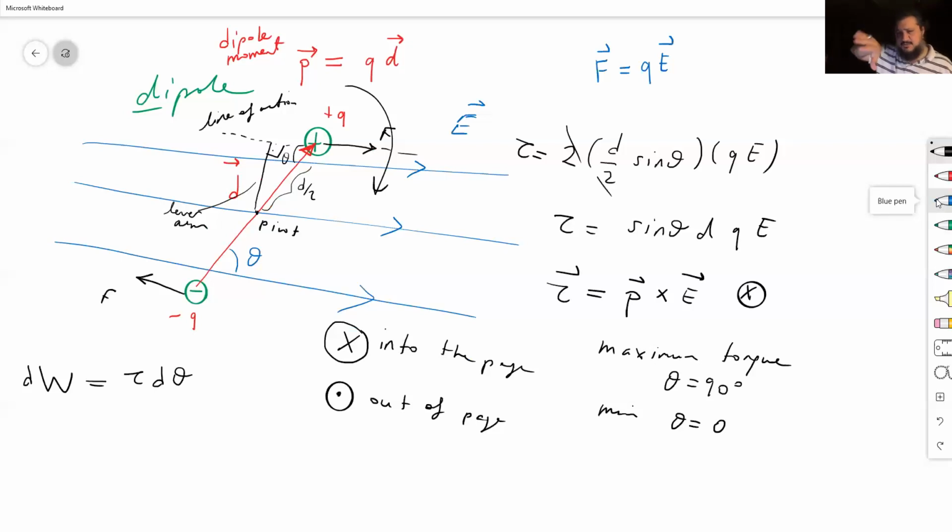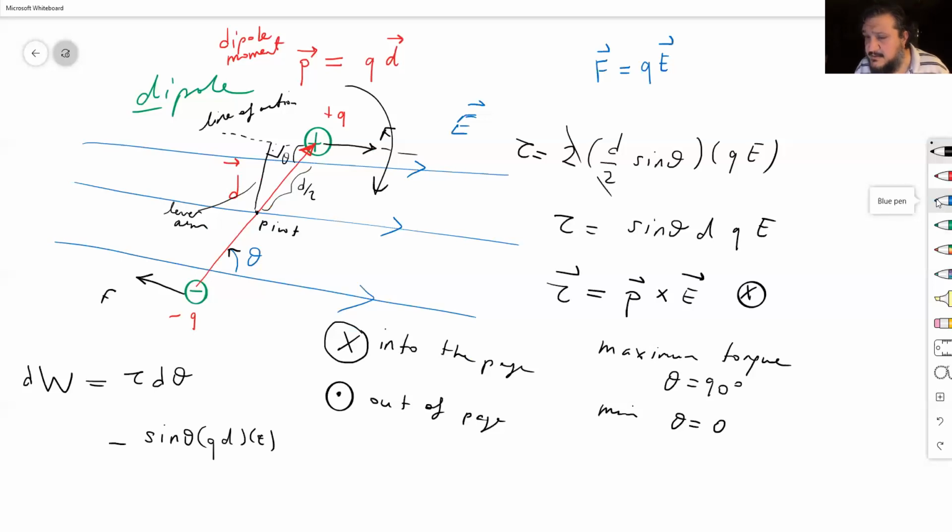See, tau is into the page, a clockwise rotation, but our theta increases the other way. Therefore, you can write tau as negative sine theta times q d times E, all right?